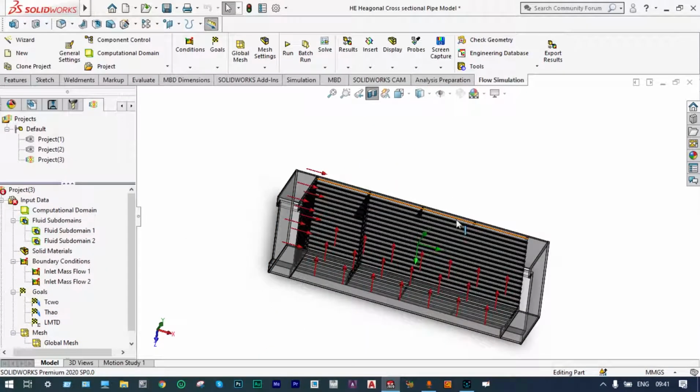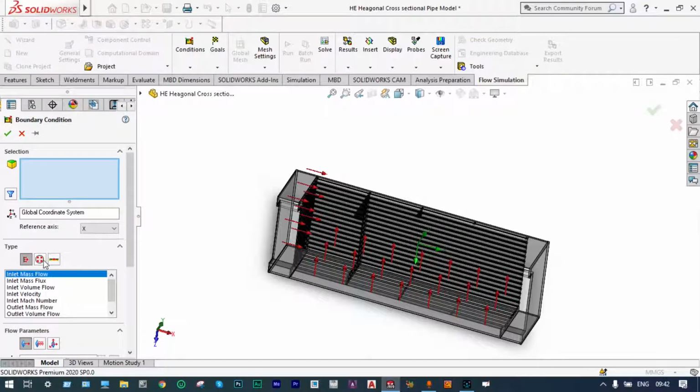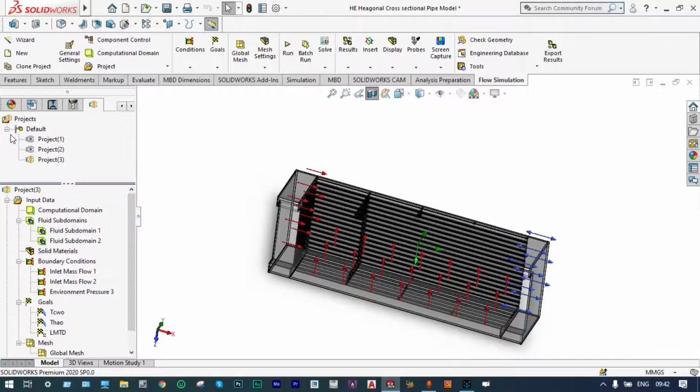We have to define two more boundary conditions, that means pressure at the exit locations has to be defined again. So boundary conditions, insert boundary condition. It will be atmospheric pressure at the exit locations. Let us select the exit of cold water. It will be environmental pressure. Green check. Another boundary condition is needed at the exit of hot air.